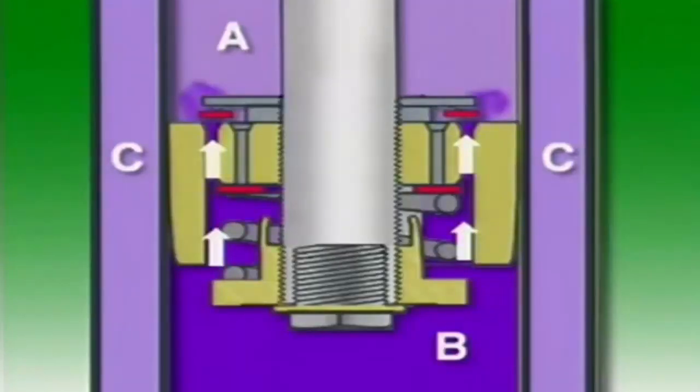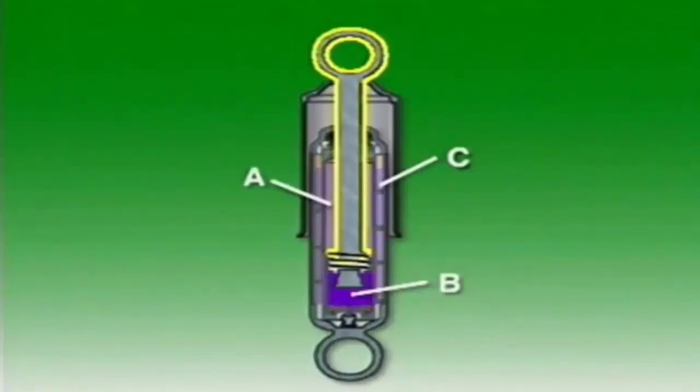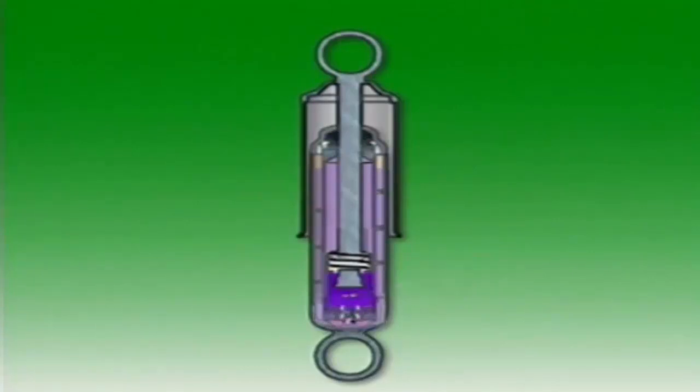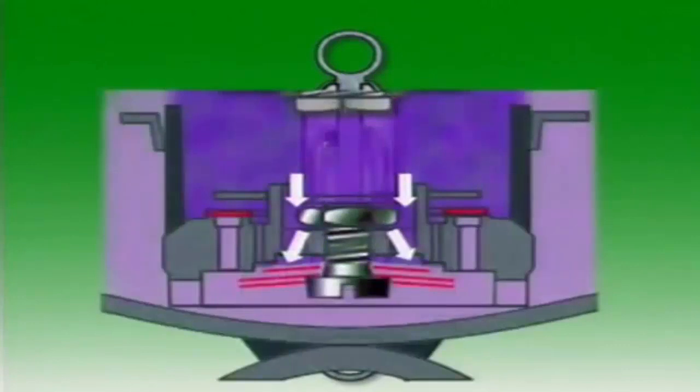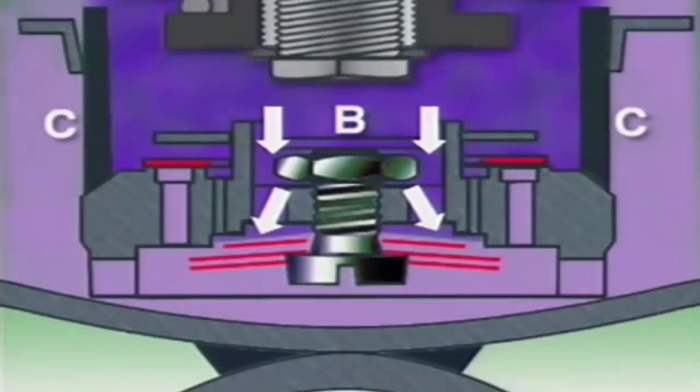This unseats the piston intake valve, and fluid flows up through the outer passages in the piston and into chamber A. But the piston rod is also now entering A and displacing a quantity of fluid equal to its volume, so all of the oil in B cannot flow into A. The displaced fluid is forced down through a base valve and out into the reservoir, labelled C.